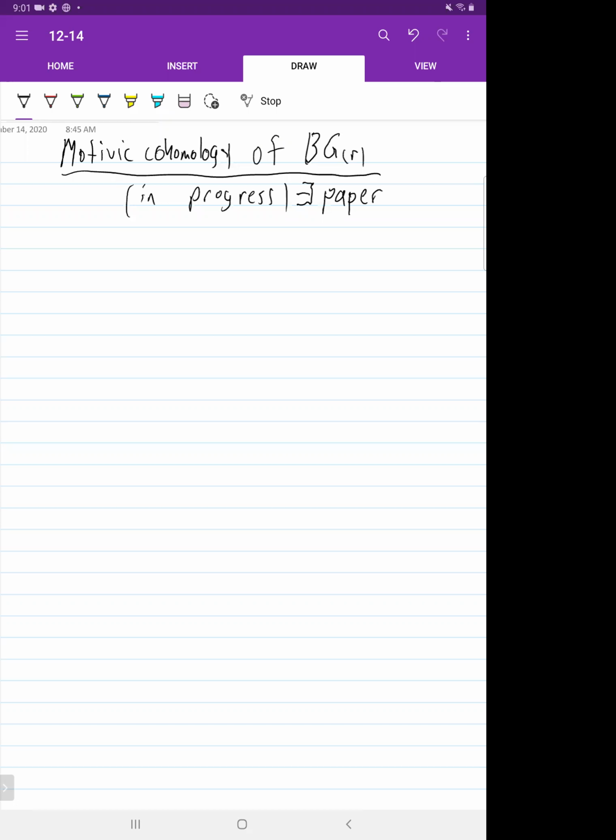I'll start by saying what these words and notation in the title mean. Fix a prime p. For a scheme over Fp, you have the Frobenius, which is just given by the pth power on the structure sheaf.